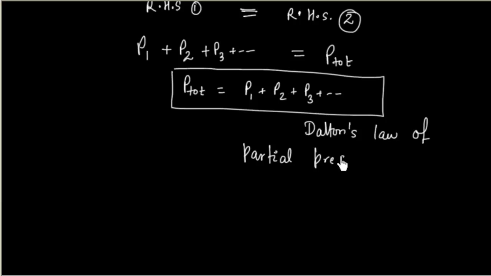What is the meaning of this law? The meaning is that the total pressure inside a vessel is equal to the sum of the partial pressures of each gas.